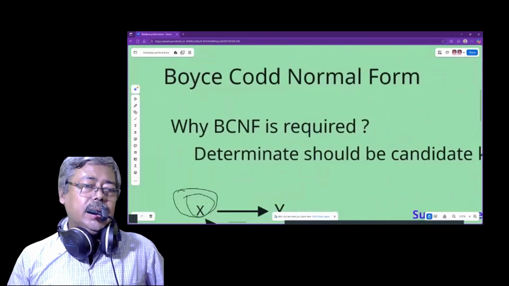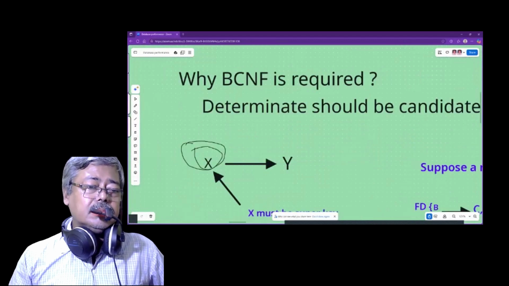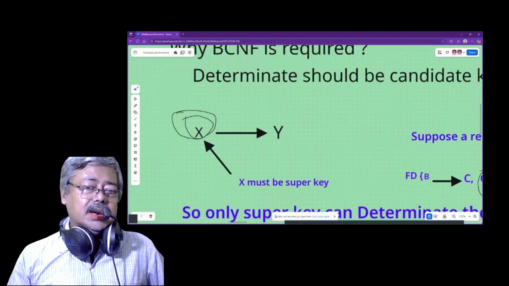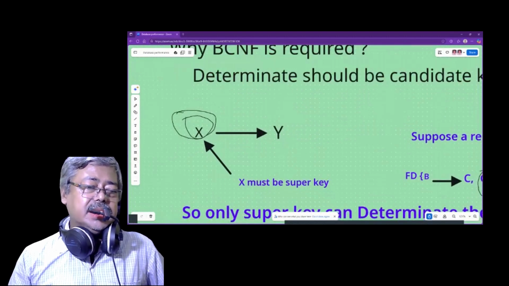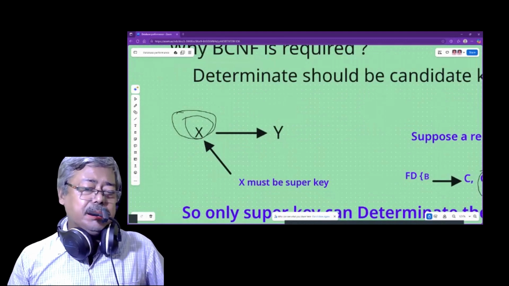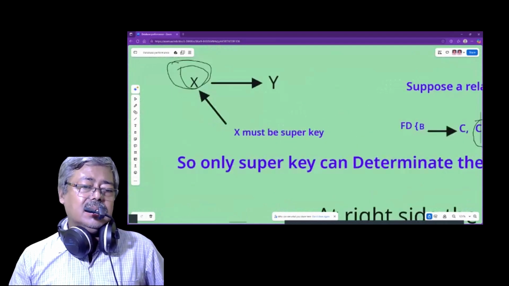And now we are coming to Boyce-Codd normal form, where only one condition is there: the determinant must be the super key. X is determining Y, and X must be the super key of this relation.